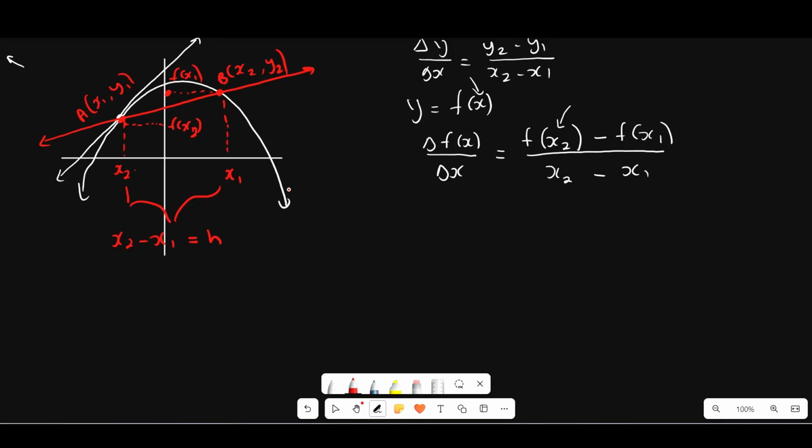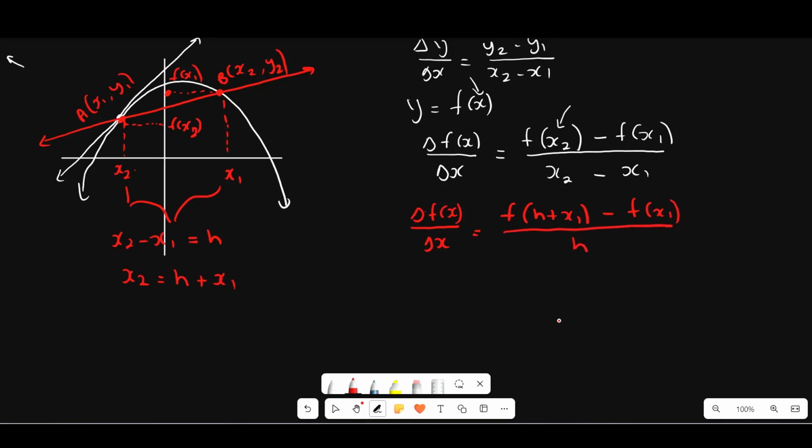If you let x2 minus x1 equal h, then we can notice that x2 is equal to h plus x1. So if I substitute back into this original function, I'll have delta f(x) over delta x equal to f(h plus x1) minus f(x1), all divided by x2 minus x1, which is basically h.